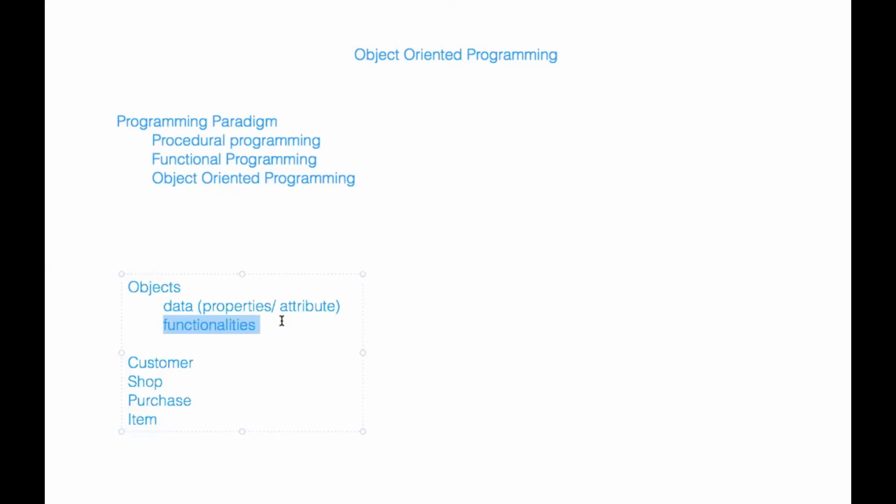A customer can purchase an item, return an item, query the price of a particular item. So while creating a customer, we need to think about what data a customer has to have and what functionality we want for a customer to solve a particular computation problem.